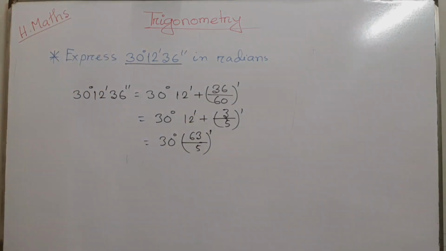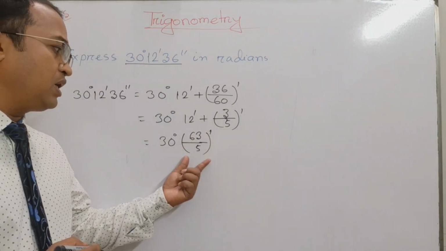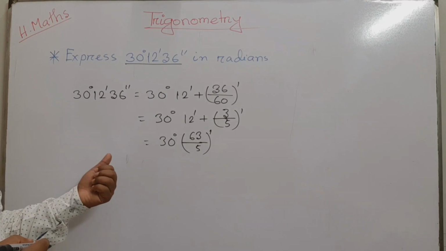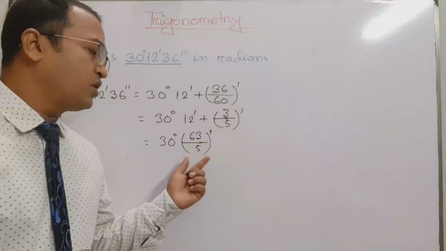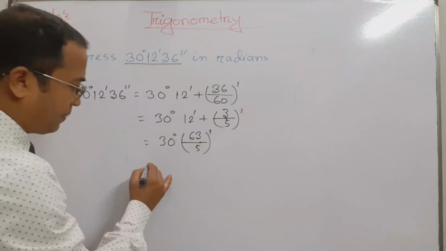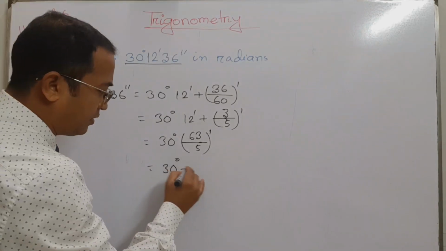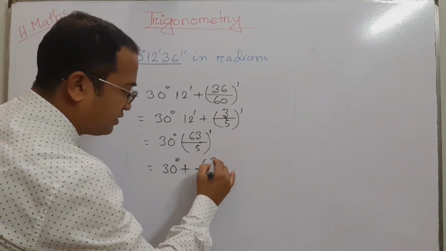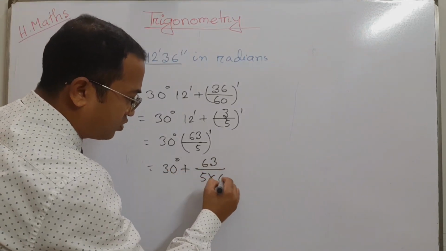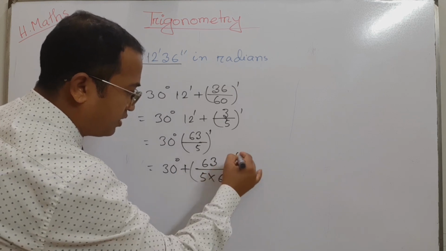Now again, if you want to convert minute into degree, you should divide it by 60. 30 degree plus 63 by 5 into 60 degree.